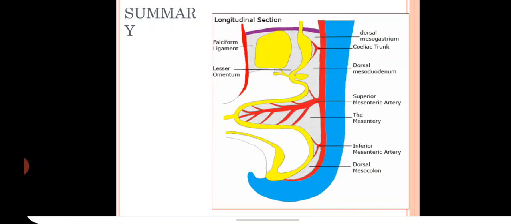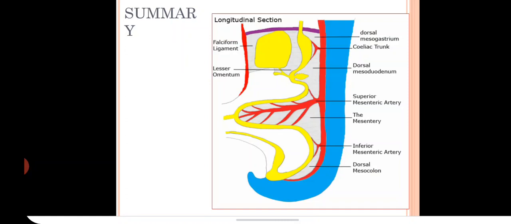So we have finished this midgut rotation topic, which is an interesting topic, starting from the straight tube appearance of the midgut, then transforming into the U-shaped loop, and then we saw the physiological umbilical hernia. In this stage, the first stage of rotation, 90-degree anti-clockwise, has occurred.